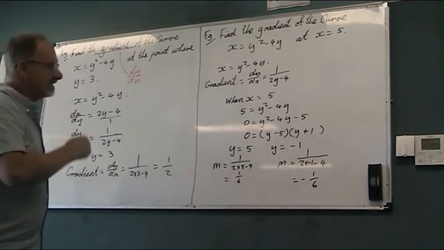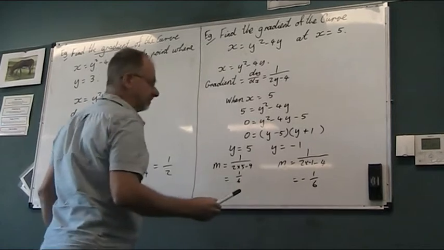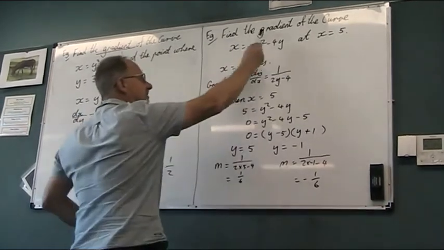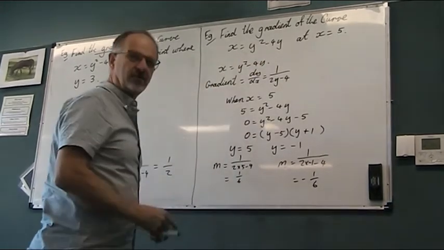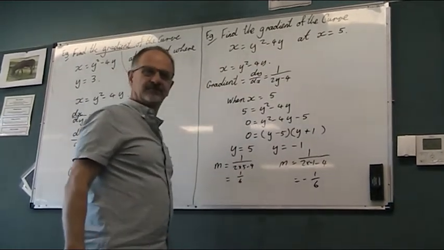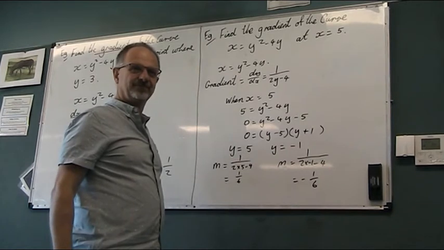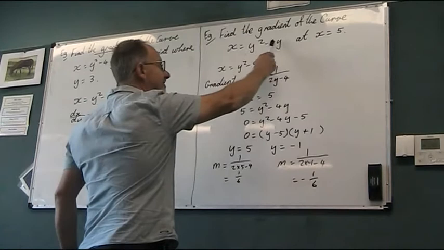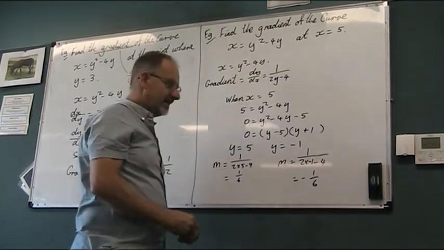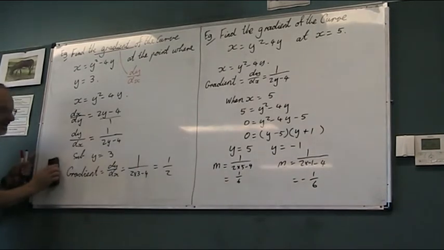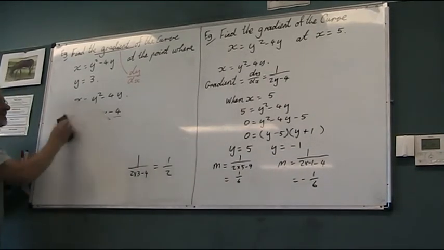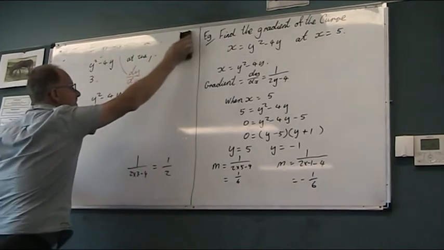So, just as a matter of information, what do you think this graph here, if we graphed it, is going to look like? Do you think? We've got a square there, so a squared would suggest a parabola, but this time we've got the y squared, not the x squared.